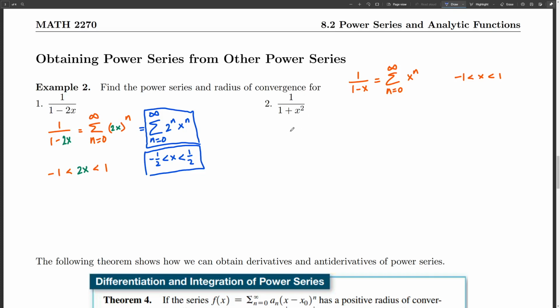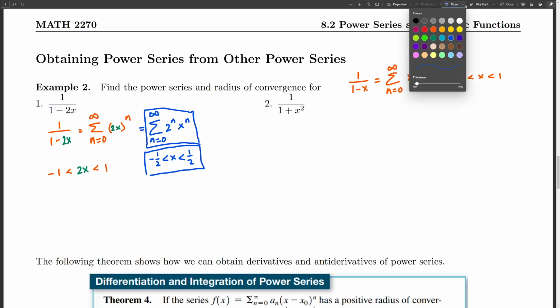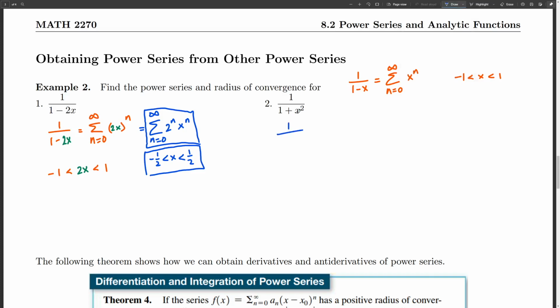And we can do something very similar for this expression right here. So when we look at 1 over 1 plus x squared, when we compare that with 1 over 1 minus x, we actually have to rewrite this addition as a subtraction.